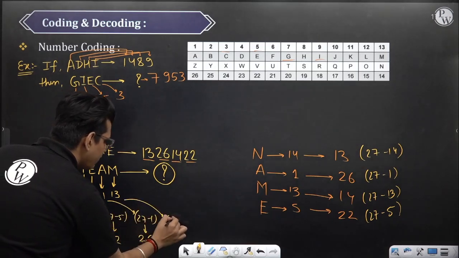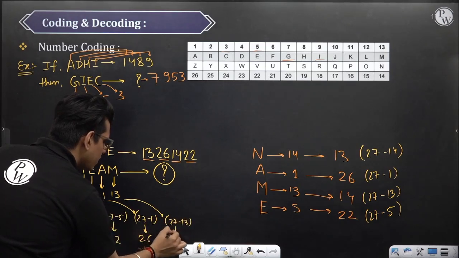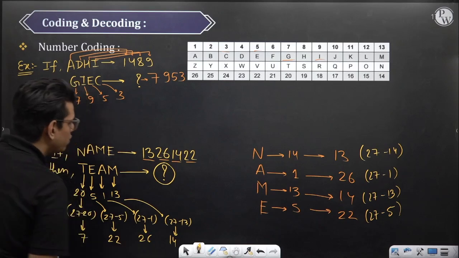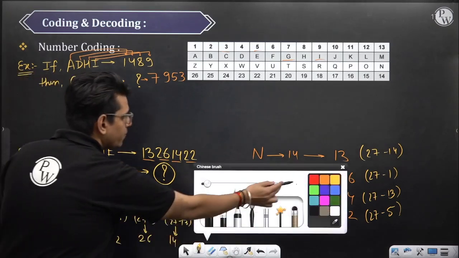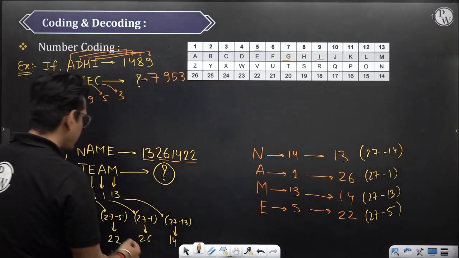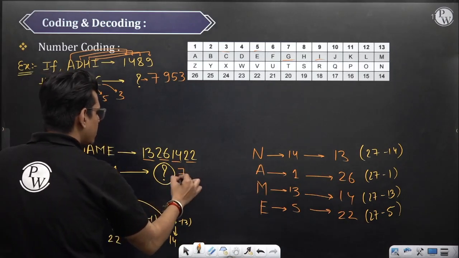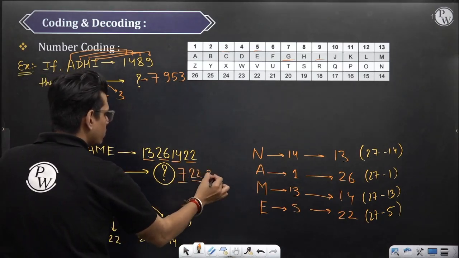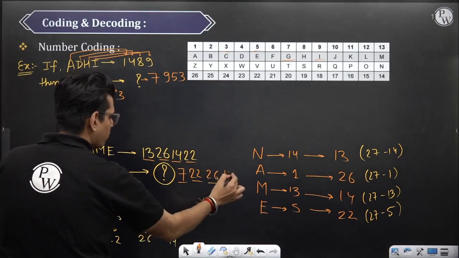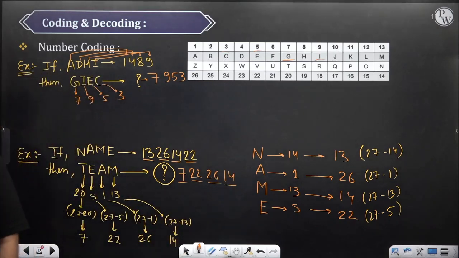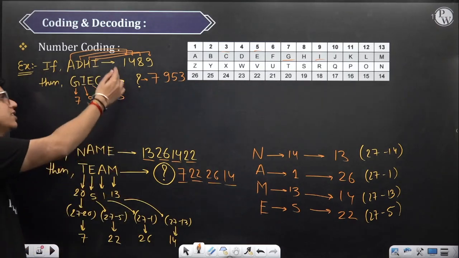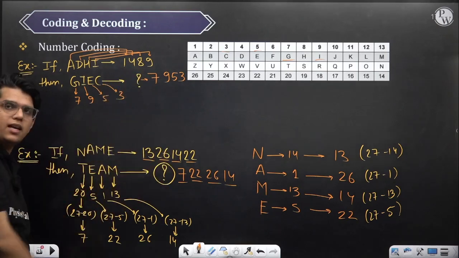And 27 minus 13 is 14. So the code for this will be 7222614, right? This will be our answer. So we can find questions like this.